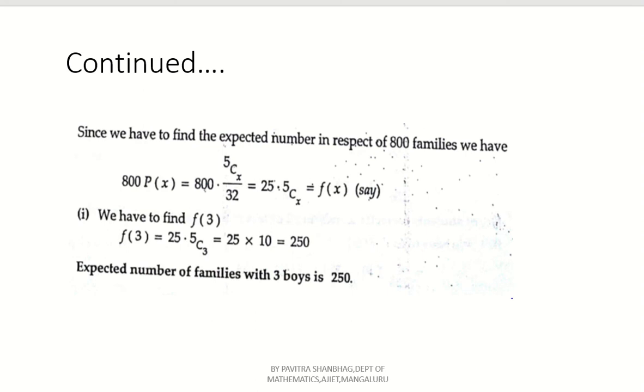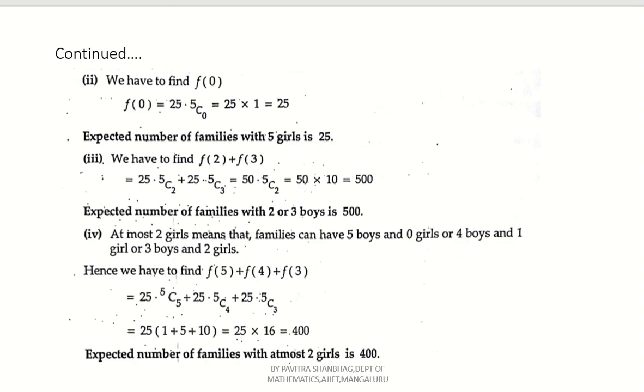So for the second case, x equal to 0, because here they have asked about girls and we have mentioned x in terms of boys already. So what we will get? P of 0, 25 into 5C0, that is 25 into 1.